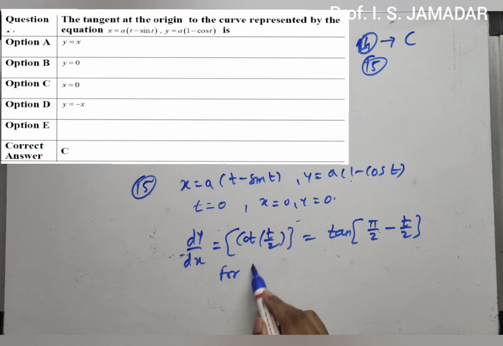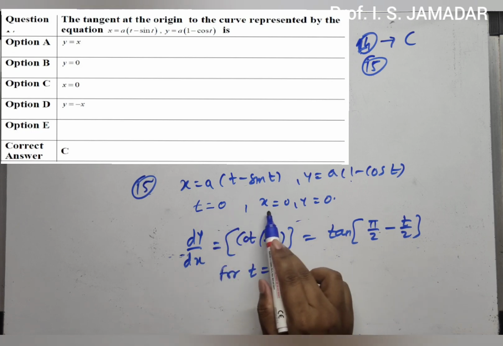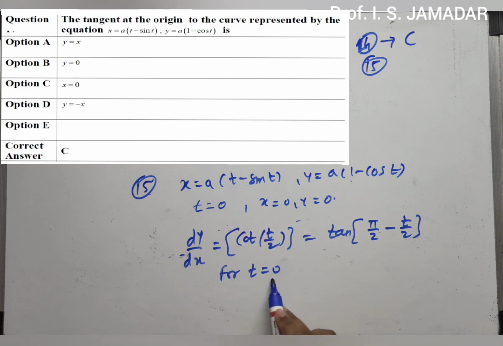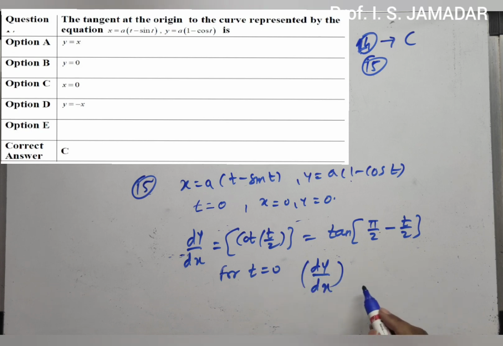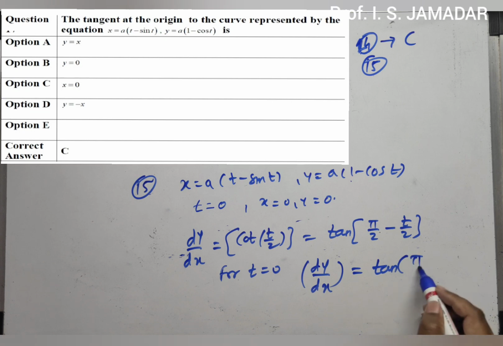Now for t equal to 0 we are getting x 0, y 0, and the curve is passing through origin. So for t equal to 0, what is dy by dx? It is tan of pi by 2 minus 0, that is tan of pi by 2. And what is tan pi by 2? Sin pi by 2 upon cos pi by 2, that is 1 upon 0, means infinity.